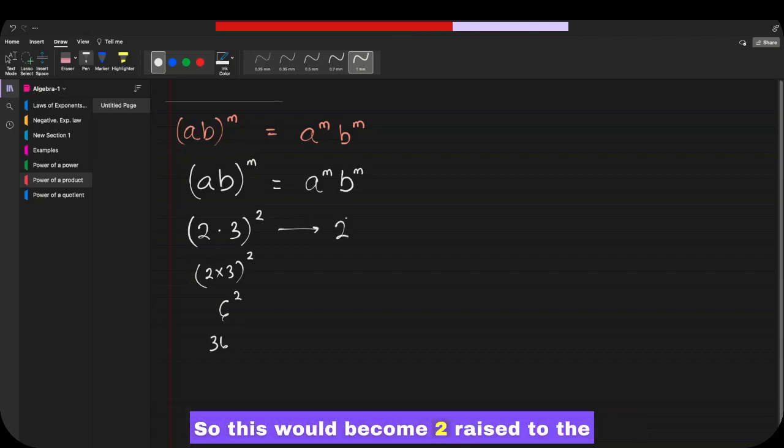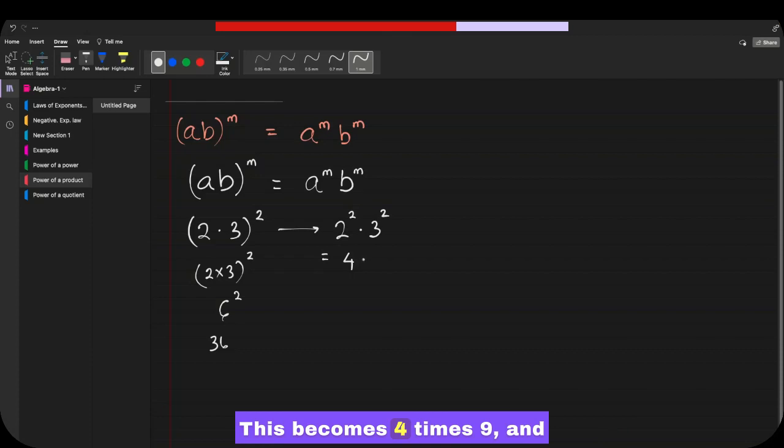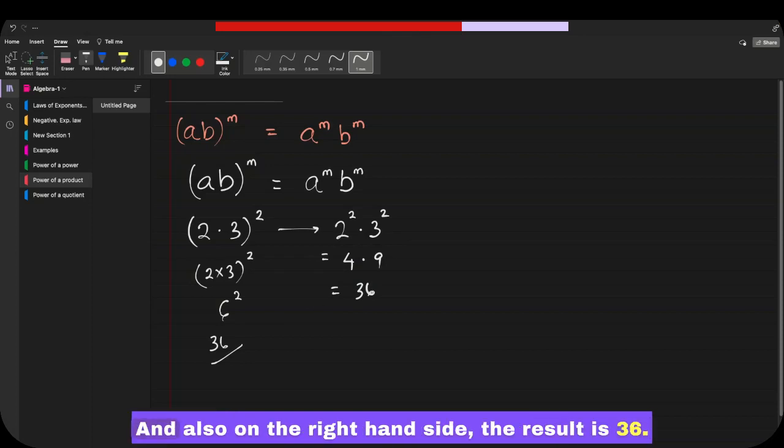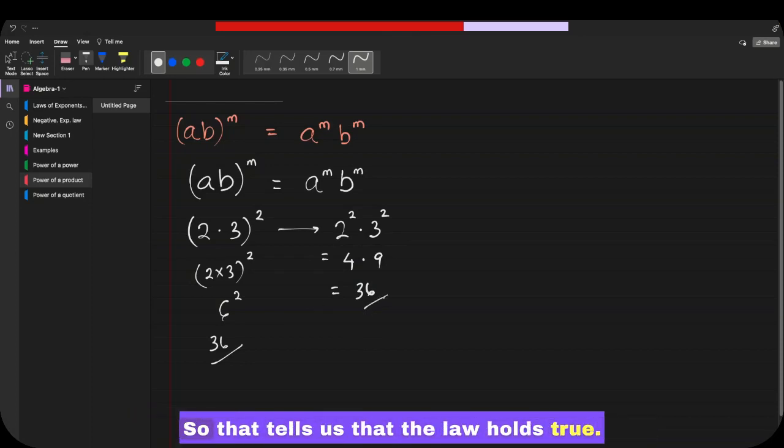So this will become 2 raised to power 2 times 3 raised to power 2, right? This becomes 4 times 9, and that's also equal to 36. So as we can see on the left-hand side, the final answer is 36, and also on the right-hand side the result is 36. So that tells us that the law holds true.